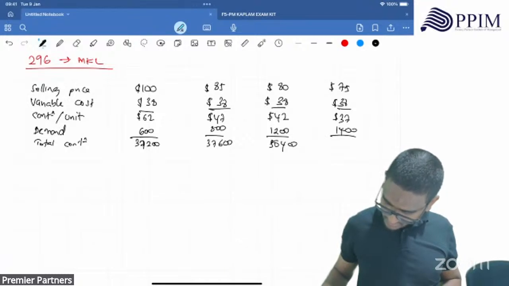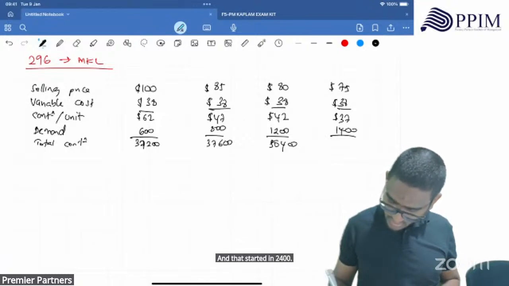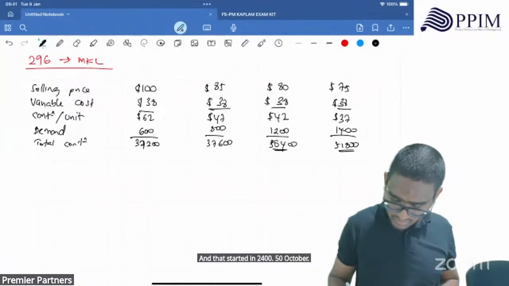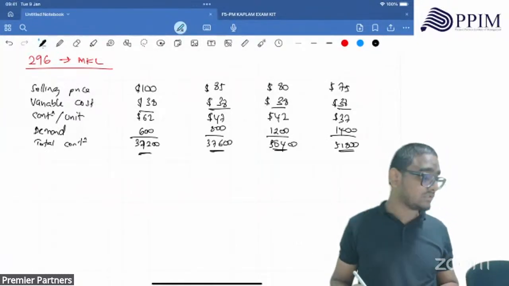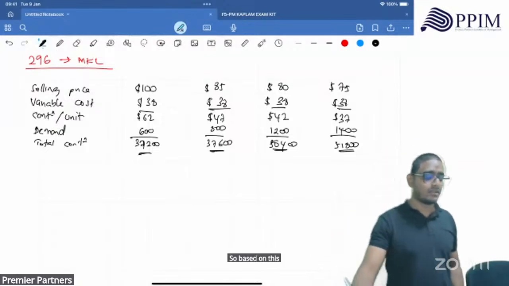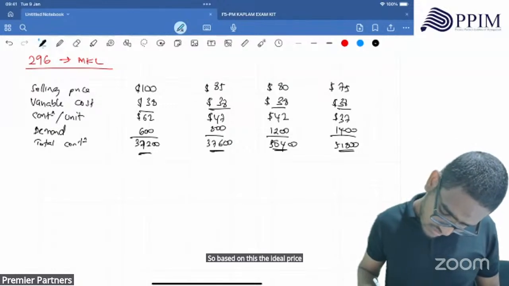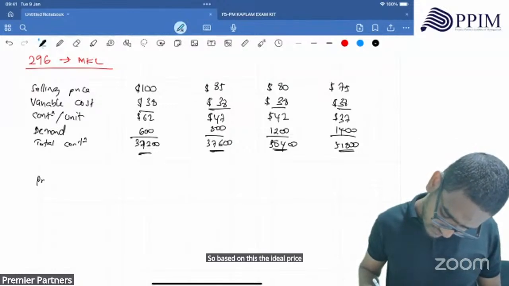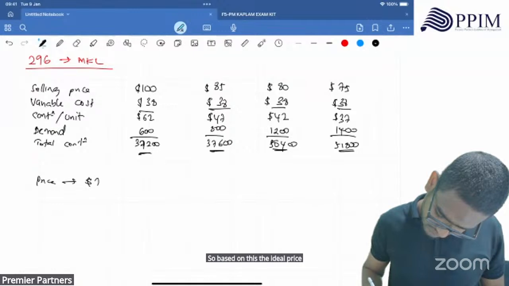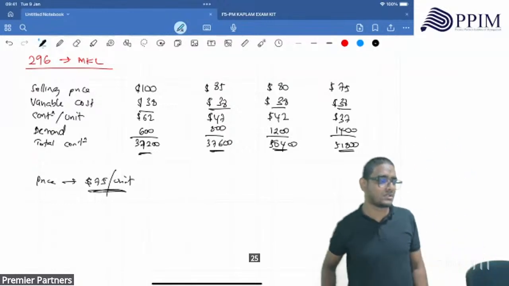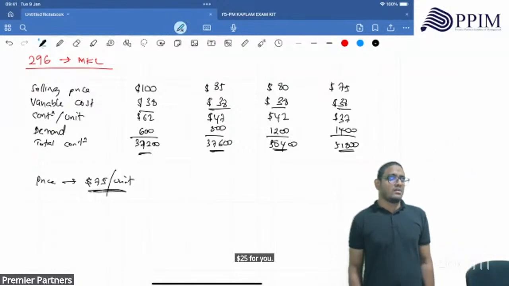And 37 into 1,400, 51,800. So based on this, the ideal price is $75 for you. Okay.